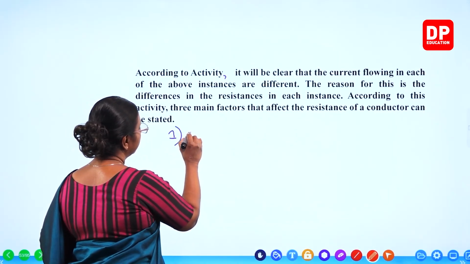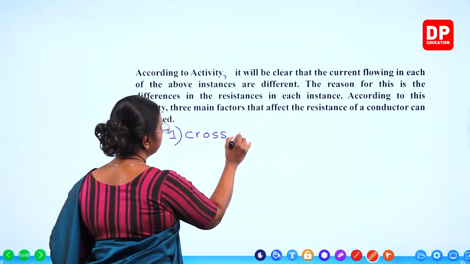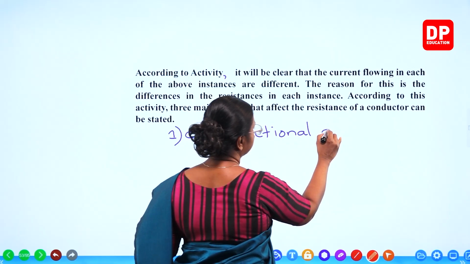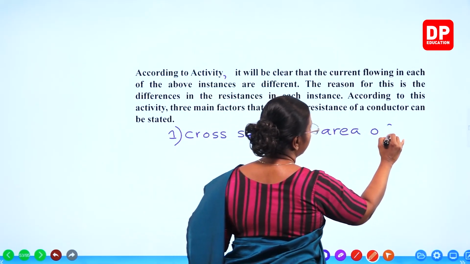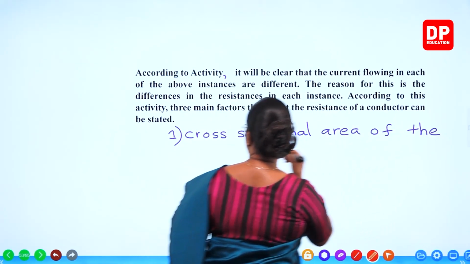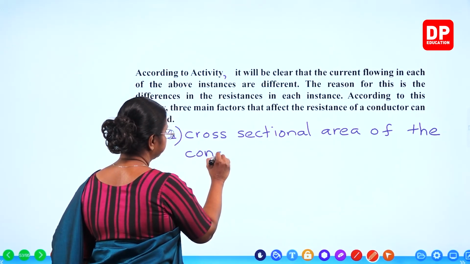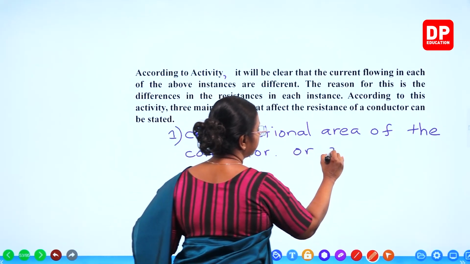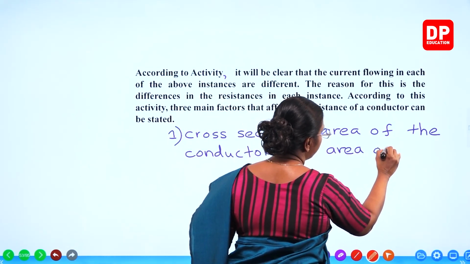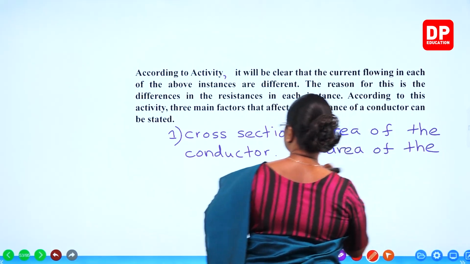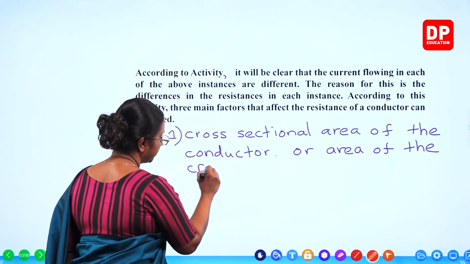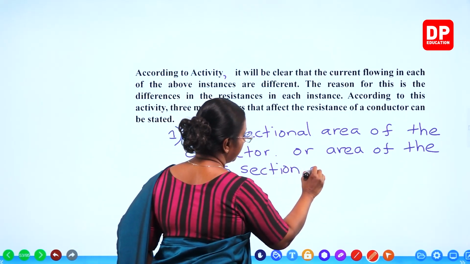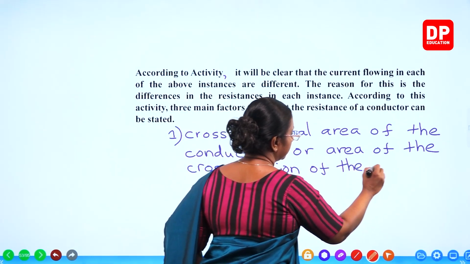First one, cross-sectional area. Area of the conductor. Or you can say area of the cross-section of the conductor.